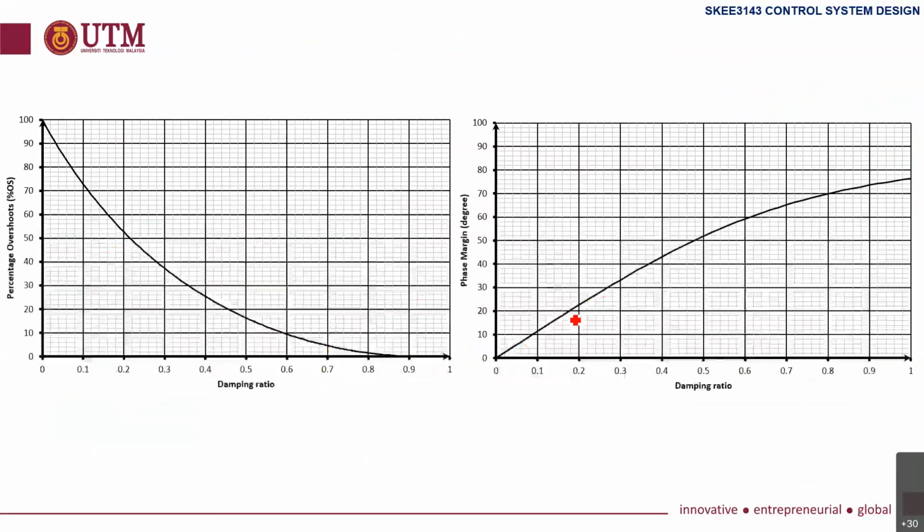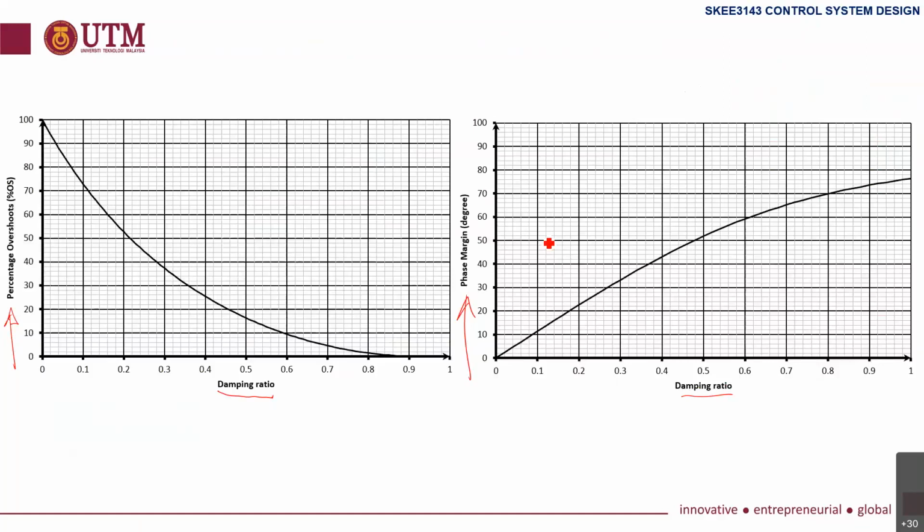We know that from this graph, we can relate overshoot and also phase margin, because overshoot can be related to damping ratio, and damping ratio is also related to phase margin. So there is a relationship between both phase margin and also percent overshoot. I think I mentioned this many times because these will be used many times in design.